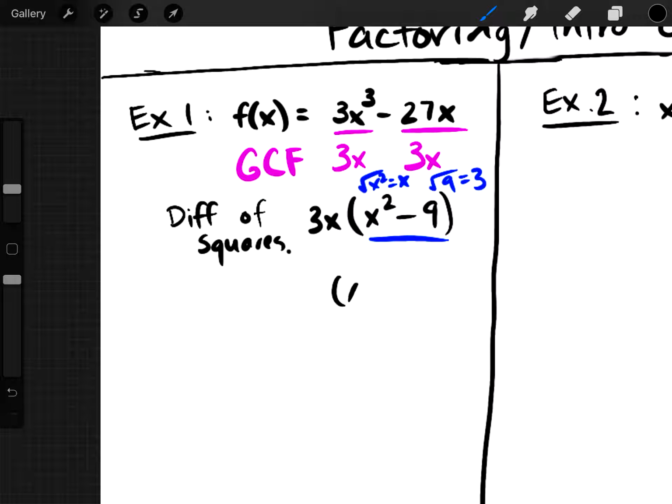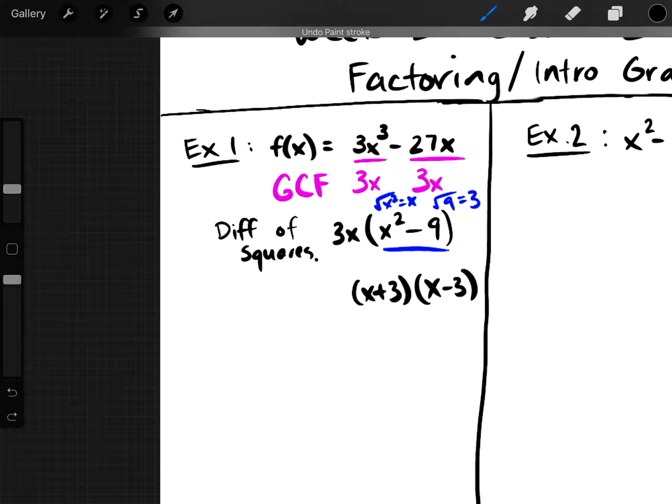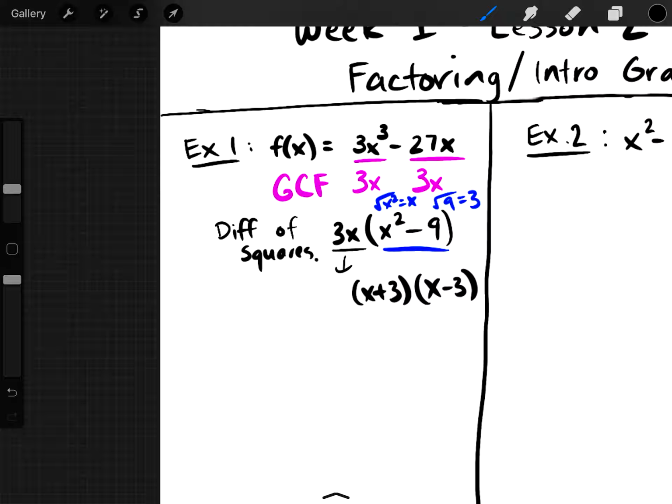Here we go. X plus 3, x minus 3, and that 3x that's sitting out in front stays out in front. That is completely factored. That's the first thing. We need to be able to get something completely factored, and we end up right here.